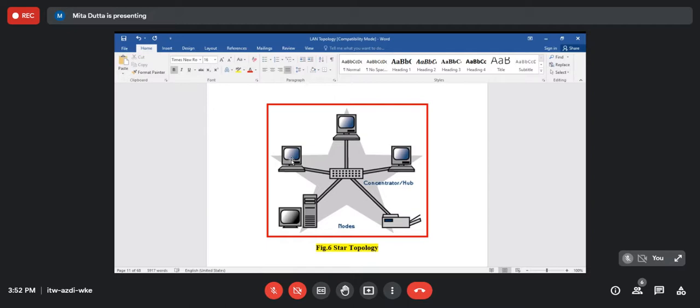It will receive the data from any workstation through input ports, and then it will activate its output ports in such a way that the output port meant for that particular workstation will be activated and the data goes directly to that workstation.